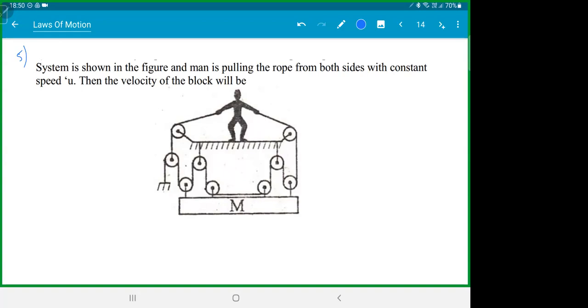Find the velocity of the block. Just to give you key context, he's pulling this side with u and this side also with u, and I'm asking you the velocity of this block. Try, you've got a minute or two.